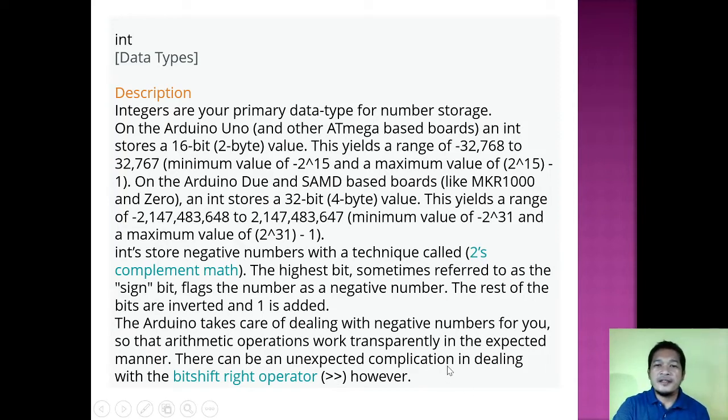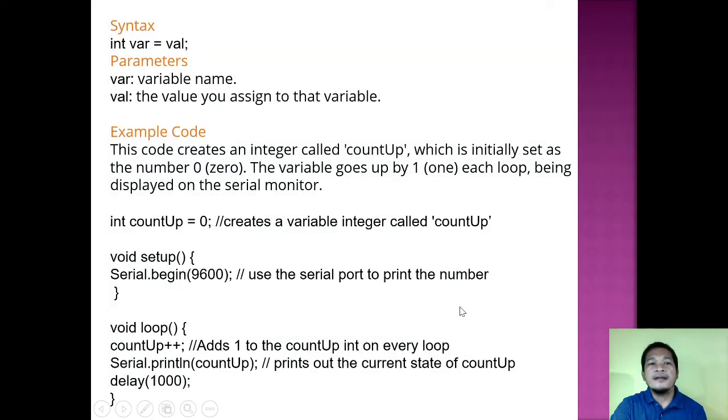This yields a range from negative to positive, and so on. Anyway, that is the number storage. Then the syntax: int var is equal to val. So int is the syntax, then the variable, the name of your variable, and the value.